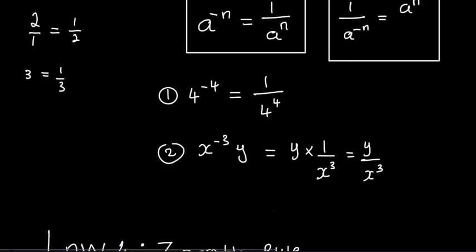And you might have, for example, 1 over letter a to the exponent of minus 3, right? This will mean that you can rewrite that as a to the exponent of positive 3.